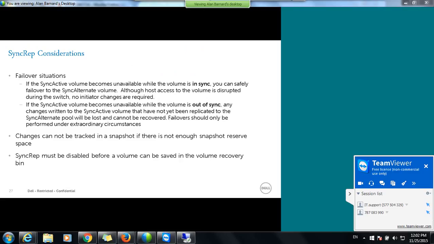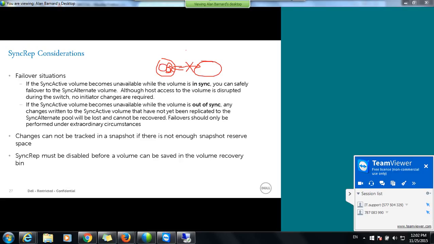Failovers should only be performed under extraordinary circumstances. What this means is, again, I'm just drawing two pools, and you have your sync rep out of sync, and you still have your snapshot sitting here, and your volume in here.